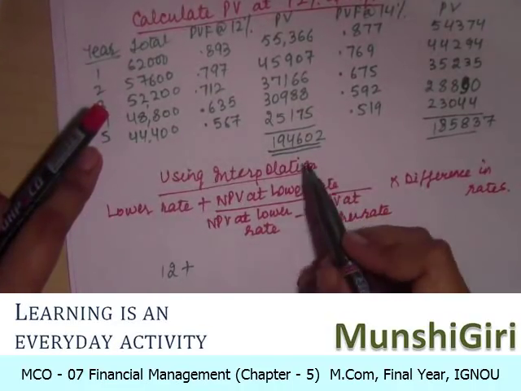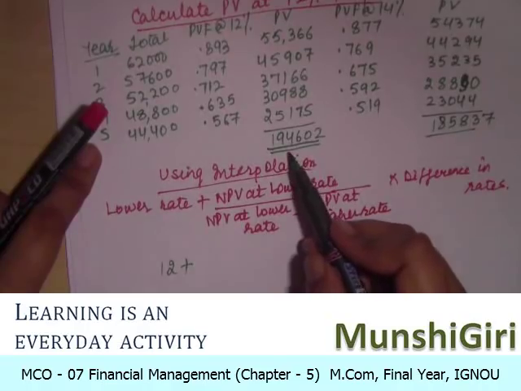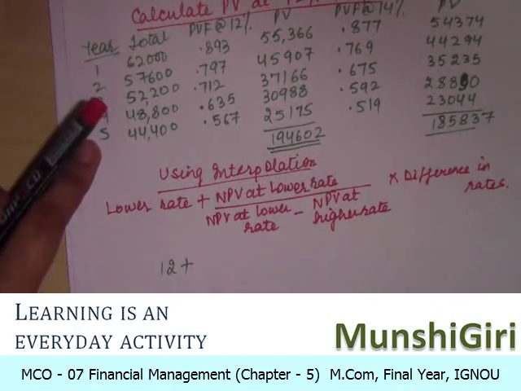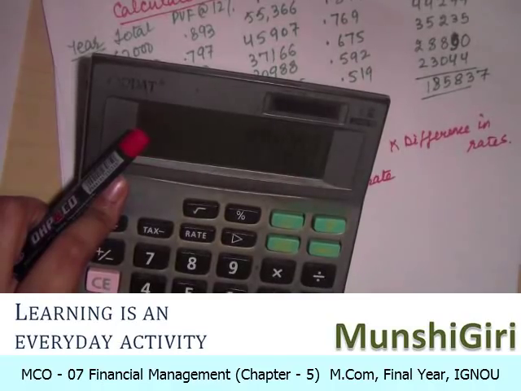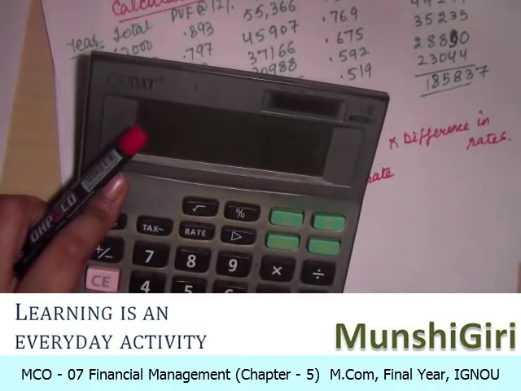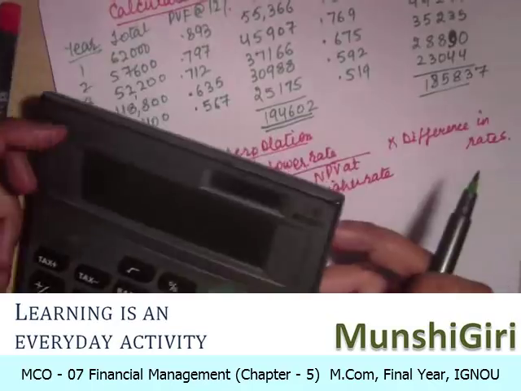NPV at lower rate is 194,602 minus 2 lakh, which is 5,398.